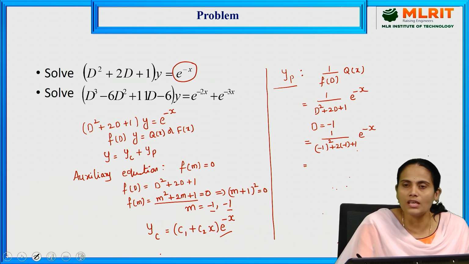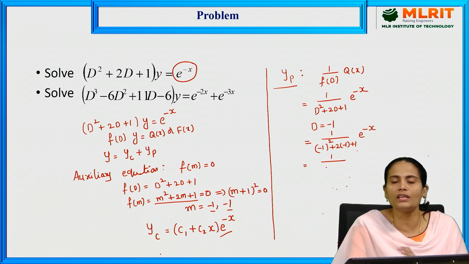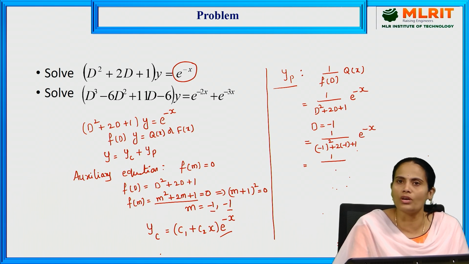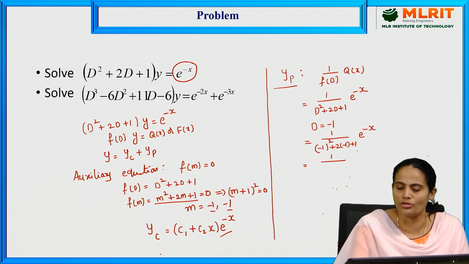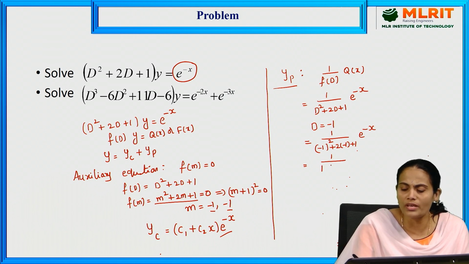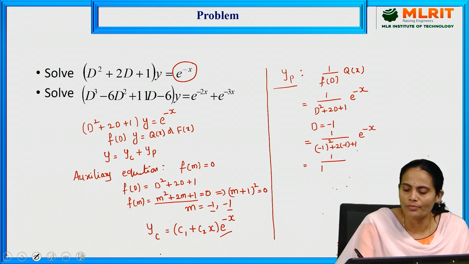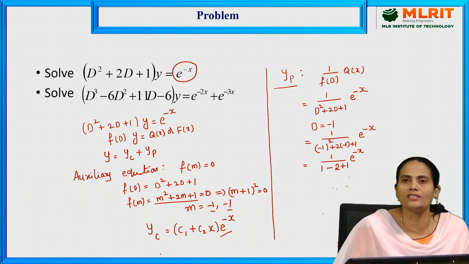So now you have to do the simplification in the denominator, whether that value is giving 0 or not equal to 0. If it is not equal to 0, we can take that value as yp. If we are getting 0, we have to do the differentiation. So (minus 1) whole square is 1, minus 2 plus 1 into e power minus x.